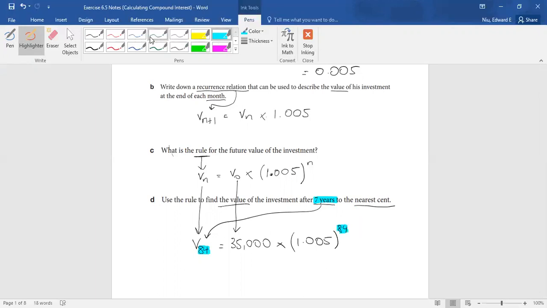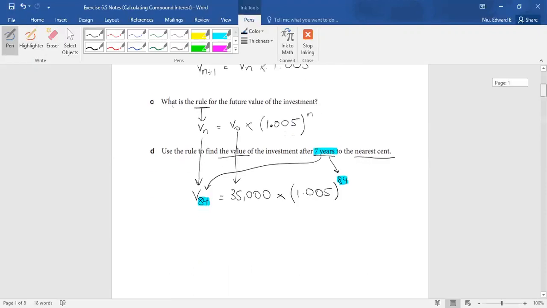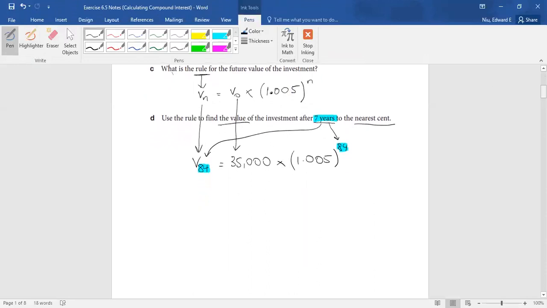Once we've got that, we can calculate this with our calculator to figure out the value. So in dollars to the nearest cent, 35,000 times 1.005 to the power of 84.